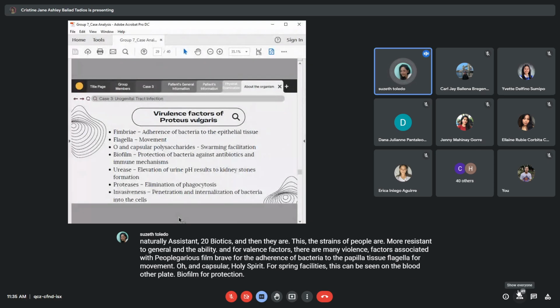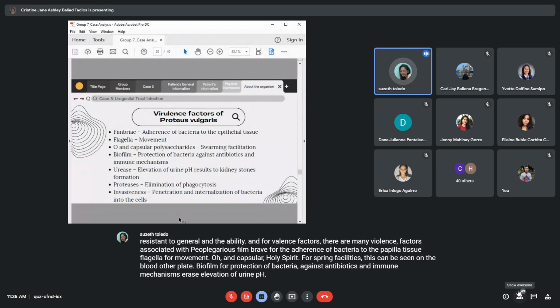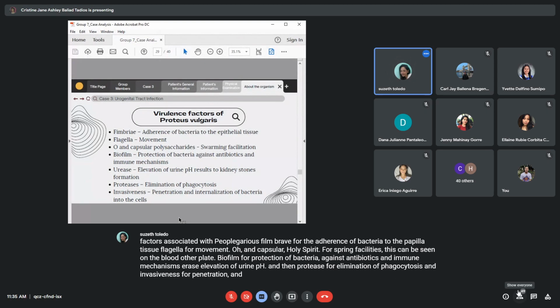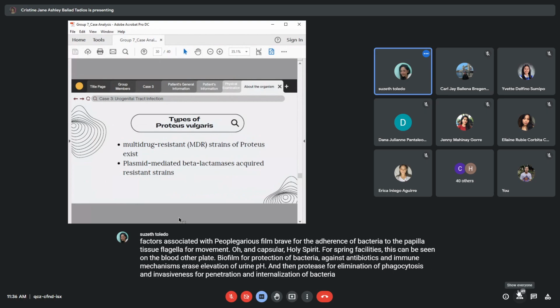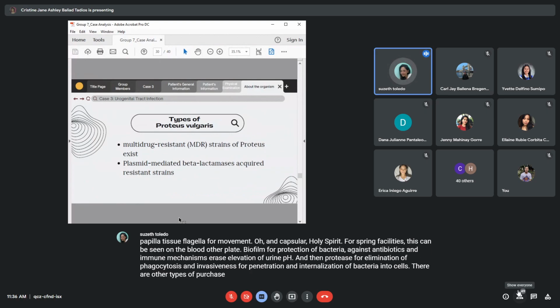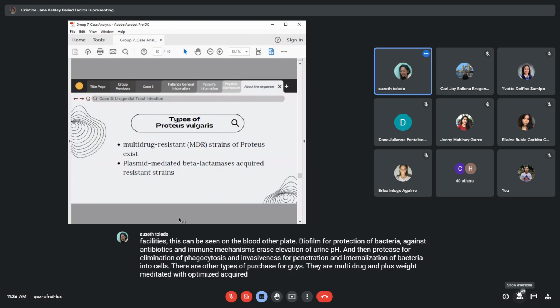Urease for elevation of urine pH, and protease for elimination of phagocytosis, and invasiveness for penetration and internalization of bacteria into cells. There are other types of Proteus vulgaris that are multi-drug resistant and plasmid-mediated beta-lactamase acquired resistant.